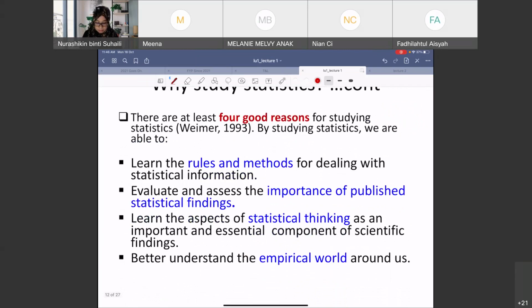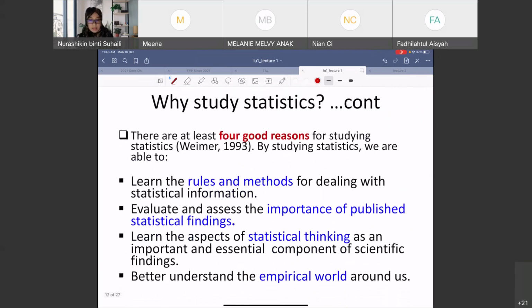Okay. So when you study statistics, just now you learned about the mean, the average. So you know about standard deviation. You know what standard deviation is? Let's say the mean of height is 160 cm, and then the standard deviation is 5 cm.